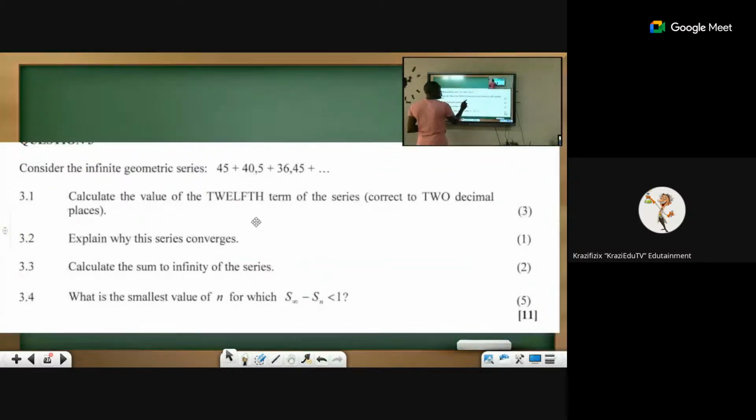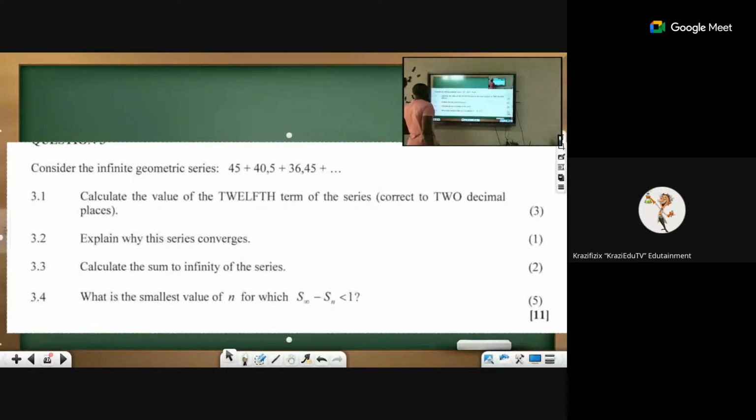I want you to use the information. All right. Second one, I'm just waiting to see it in.